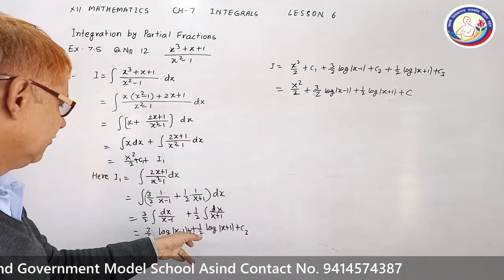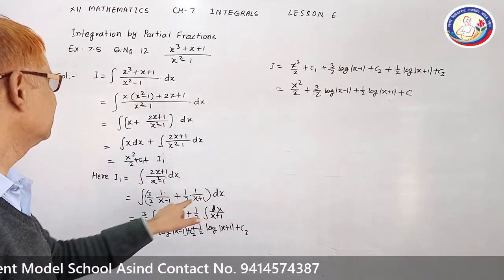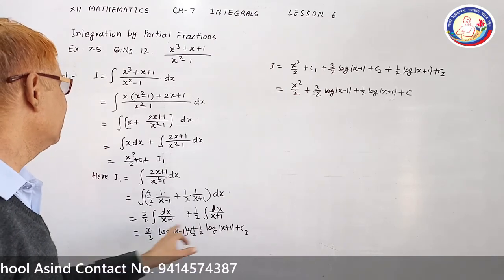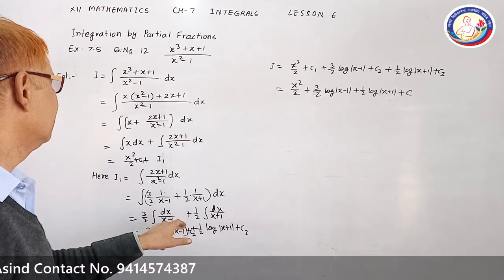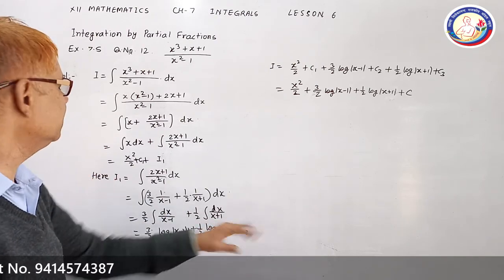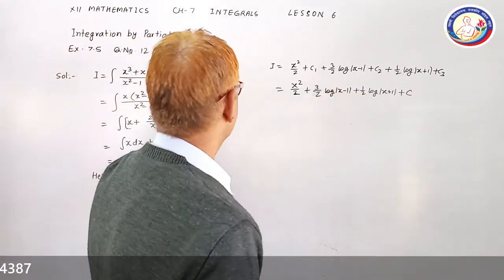In this solution I have taken partial fractions. The partial fractions are these, then integrate using the formula we applied, dt upon t equal to log of t, and this is the second part. Then the complete integration of this function is this.